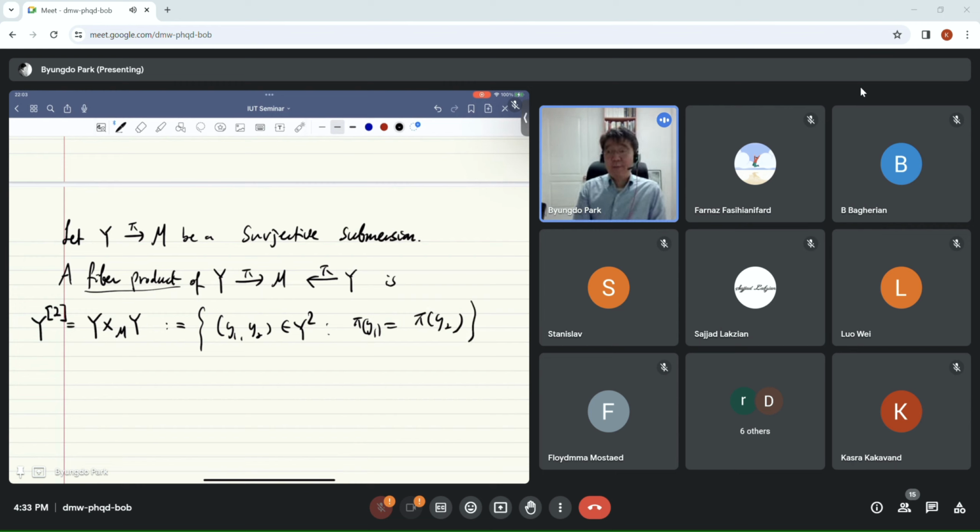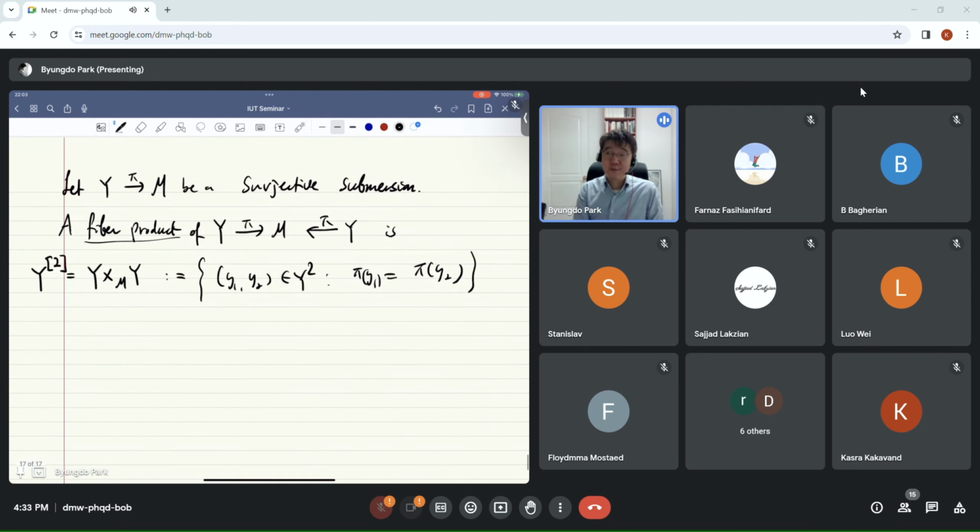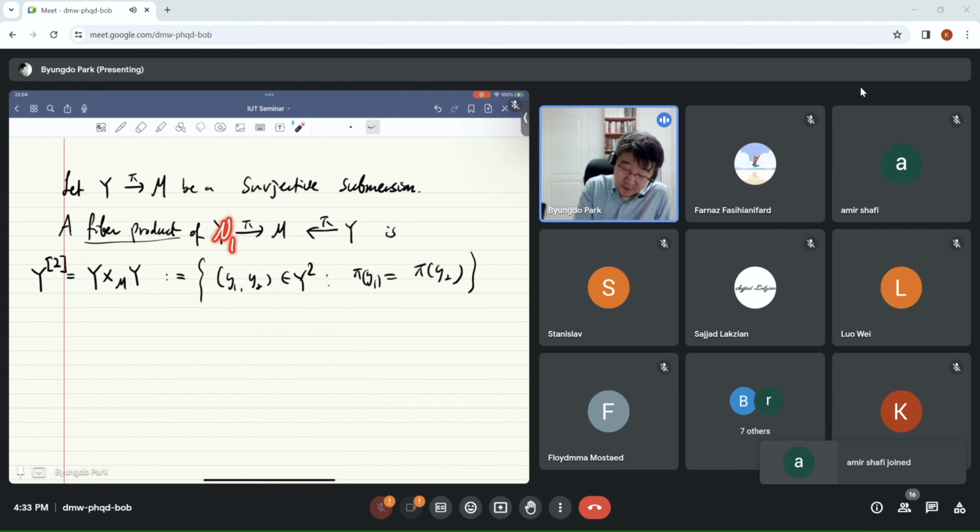And is this a manifold? If you take a fiber product of two smooth maps, in general, if you have N1, N2, M, with maps going this way, f, g, and you take the fiber product, is this a manifold?